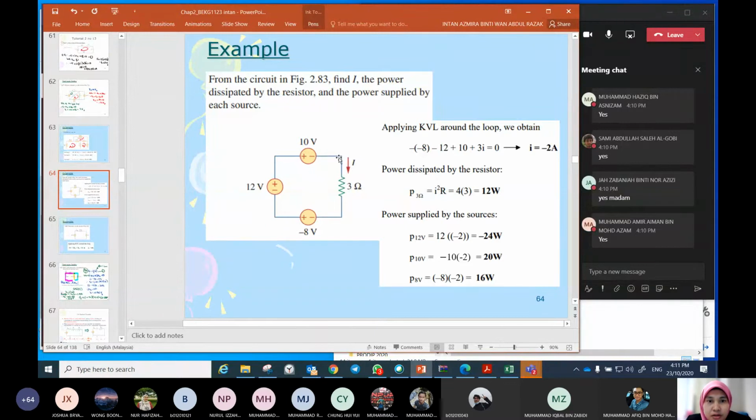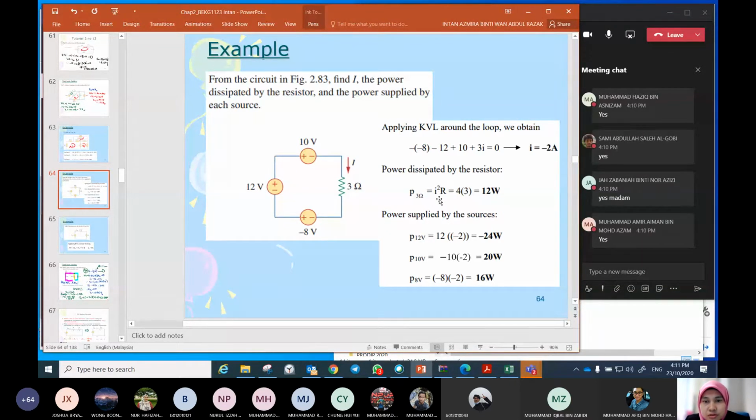Or we can also say that a current of positive 2 amp flows counterclockwise. Same. So the power dissipated by the 3 ohm resistor is I squared R, because we can only use V squared over R if we know the voltage of the 3 ohm.